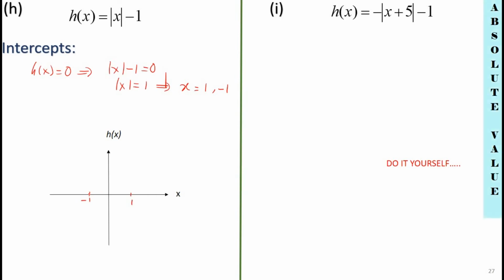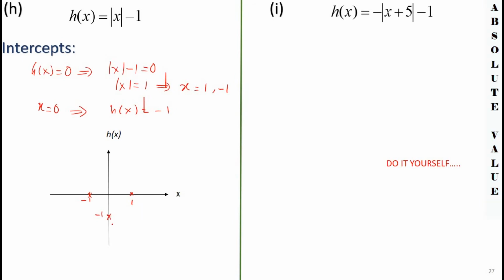So these are the two intercepts of x. Okay, now to find the y-intercept, just substitute when x is equal to 0. Then we get h(x) is equal to negative 1. So (0, negative 1). So let's say this is negative 1, and then this is the point.